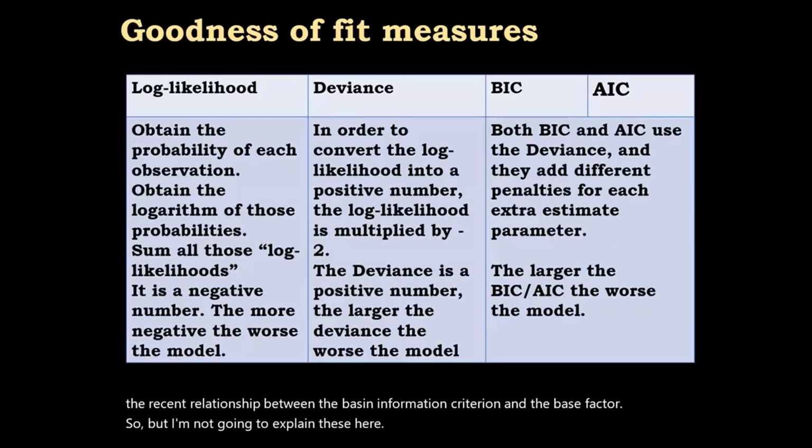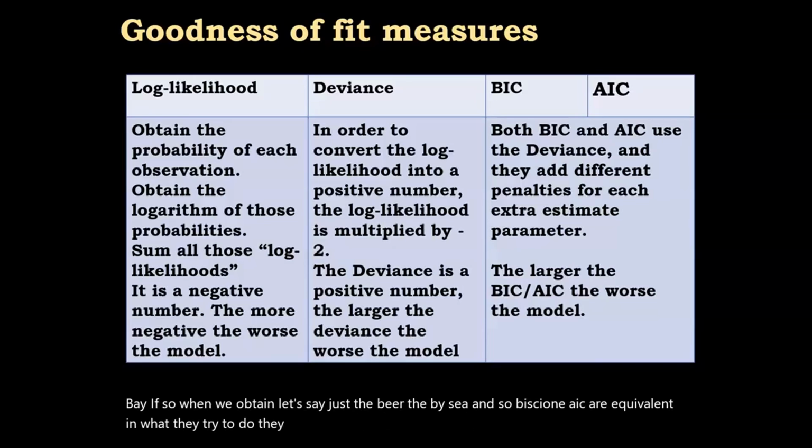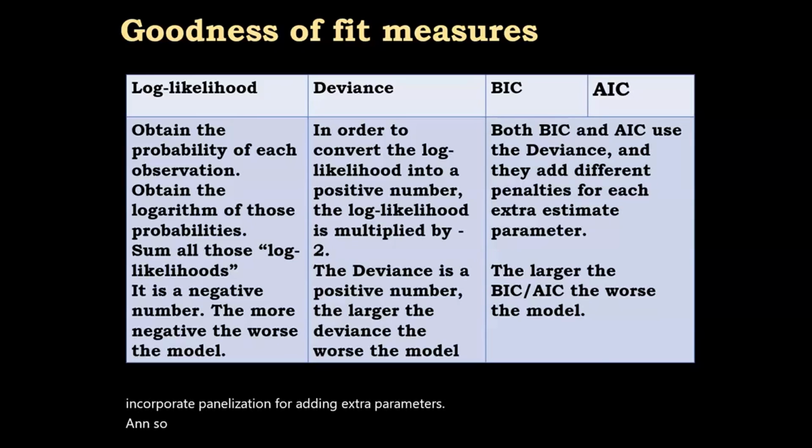Now, BIC and AIC are equivalent in what they try to do. They are a measure of how good the model is, and they incorporate penalization for adding extra parameters. But let's continue with BIC. Remember, deviance, the larger the value, the worse the model is.